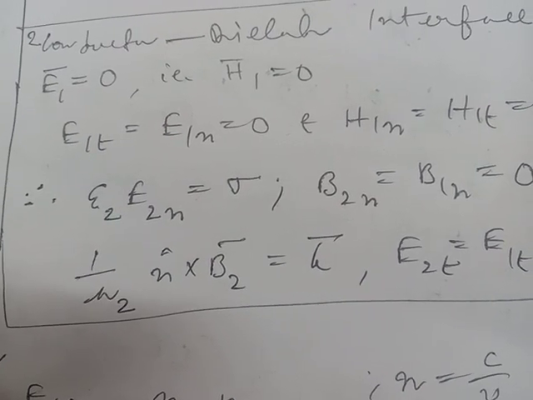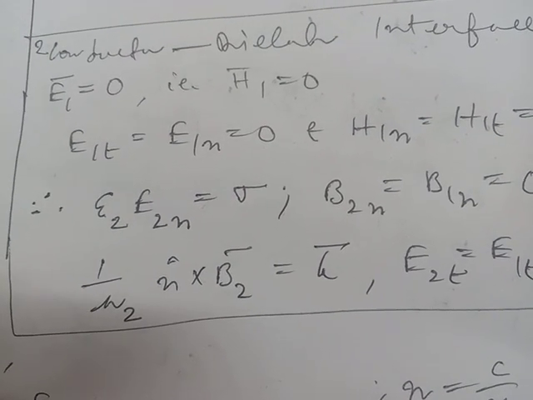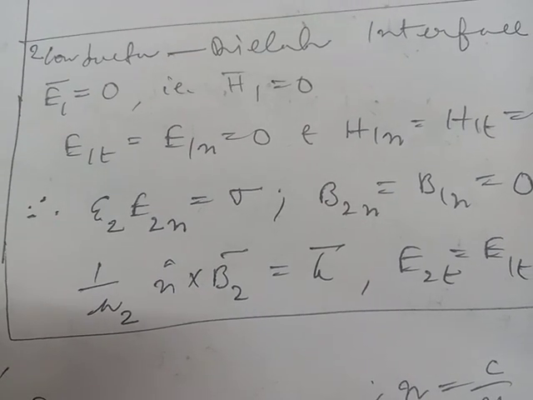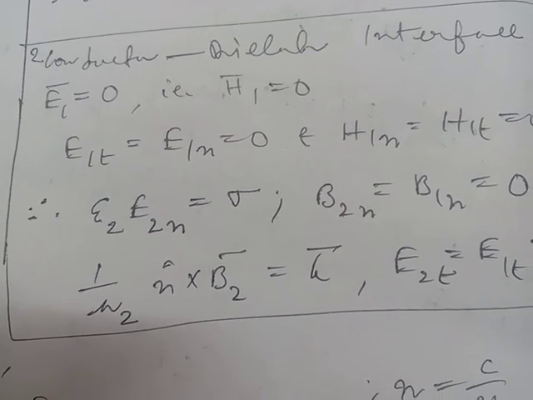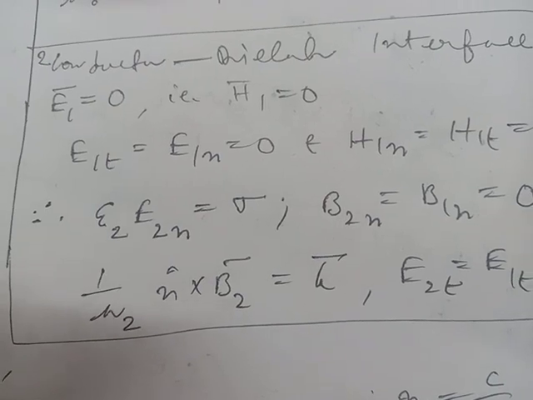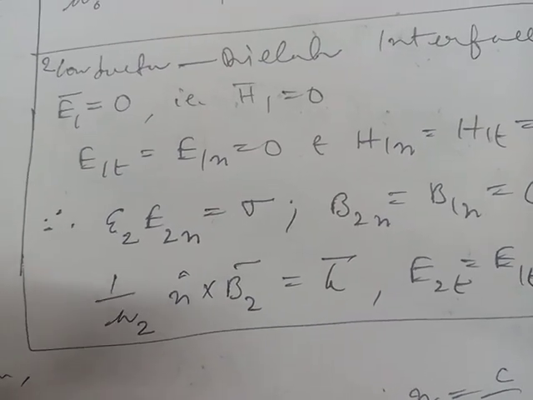So 1 refers to the conductor and 2 refers to the dielectric. In the conductor the first term is 0, so it is just this case.